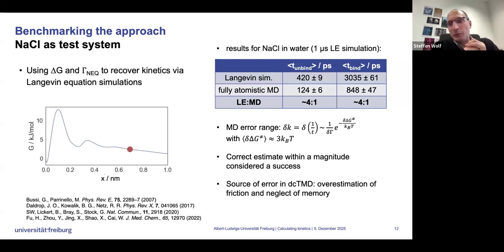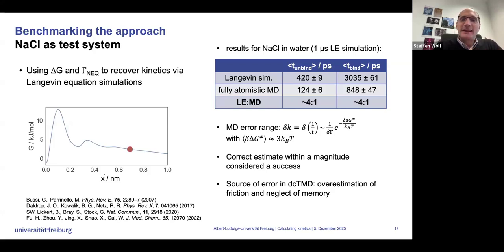The reason we have this discrepancy between the Langevin simulations and the atomistic simulations is most likely that the constraint still induces some changes in the overall dynamics, especially of the surrounding water molecules. Therefore, this appears as an apparent increase in friction, and this is a well understood artifact.